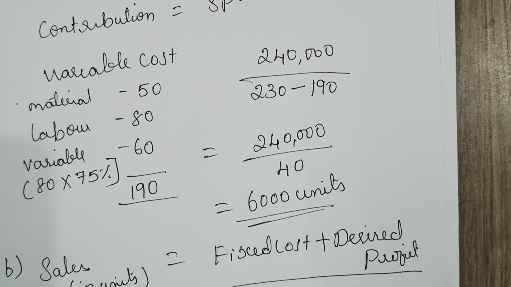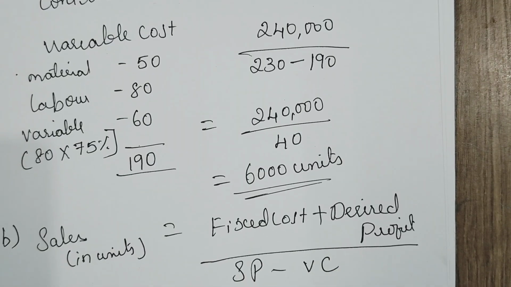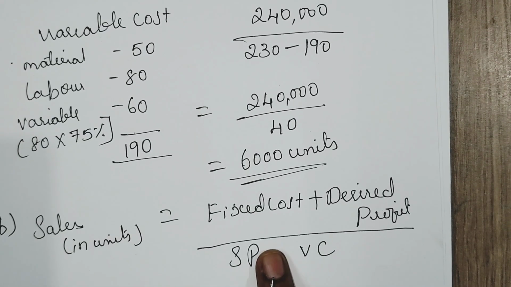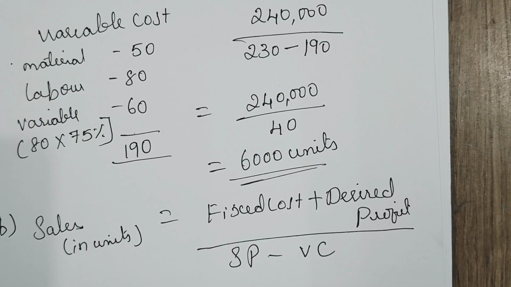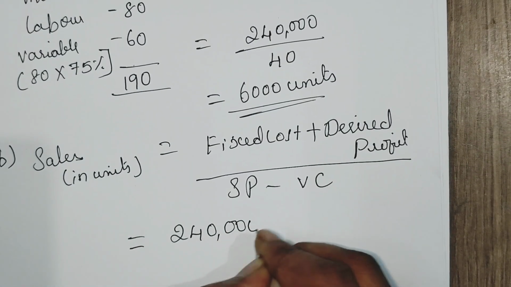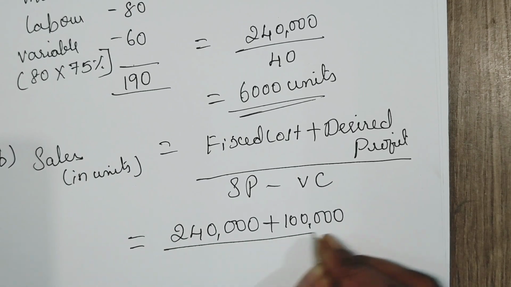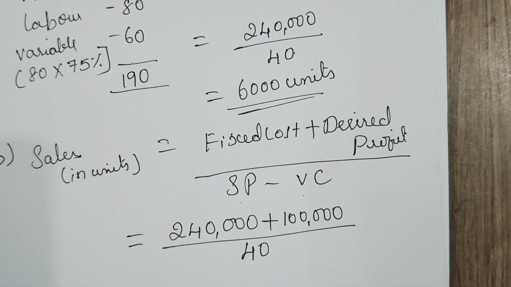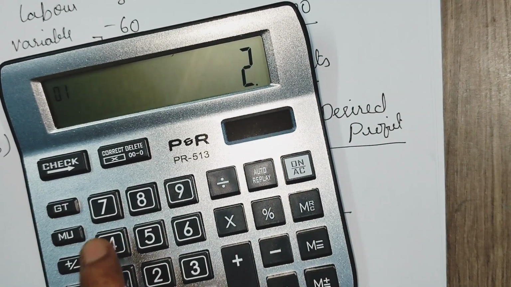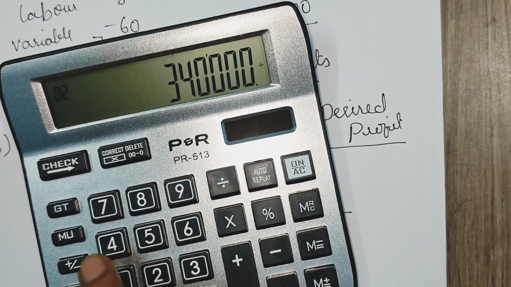The contribution remains the same. So 2,40,000 fixed cost plus desired profit 1 lakh, divided by 40.